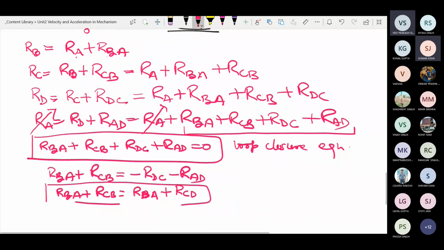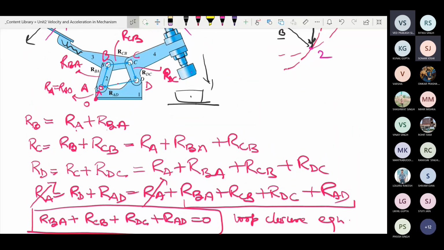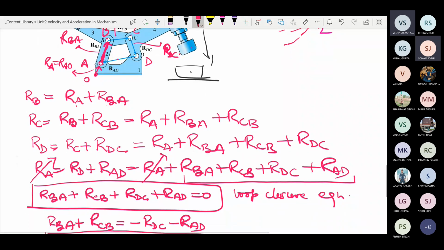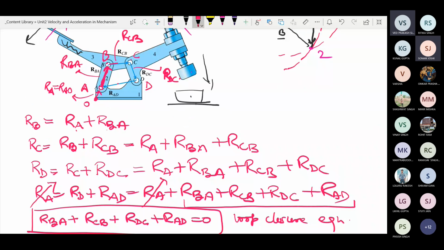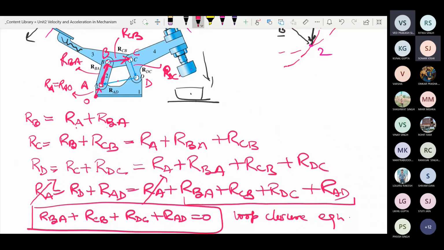Okay. RBA plus RCB. Let me show you here. RBA is which one? This arrow, plus RCB is this one. So basically, if you see the left hand side, we are coming to joint C from one path. Now we will choose another path, and from there also we will go to joint C. So both the values are supposed to be equal.